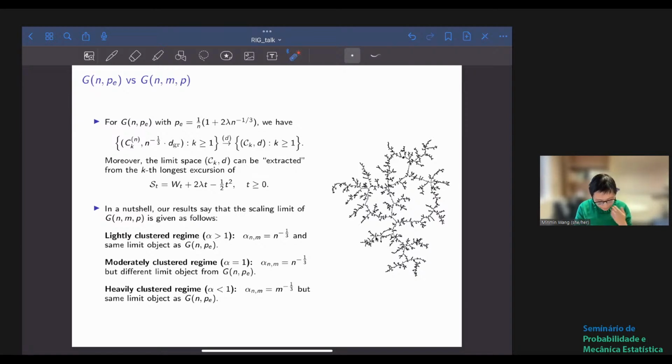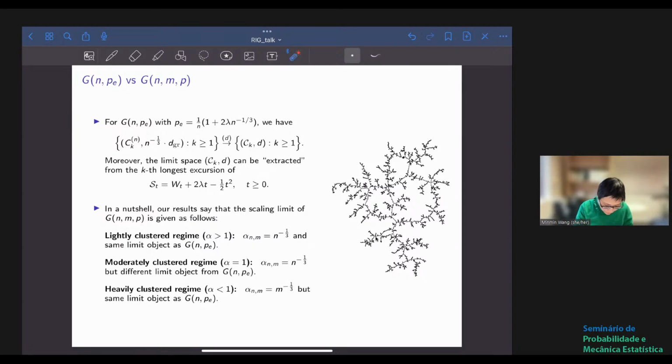If you are in the lightly clustered regime, which is similar to the Erdős–Rényi graph, it turns out you have exactly the same order for the diameter, n to the power 1/3, and exactly the same limit object as the Erdős–Rényi graph.